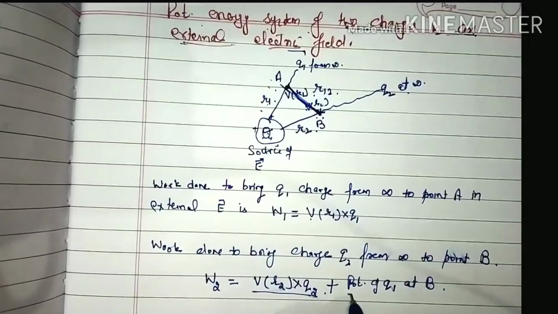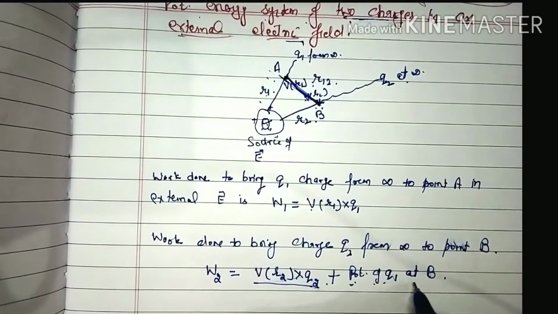Then again we have an additional term, the potential of Q1 at B.